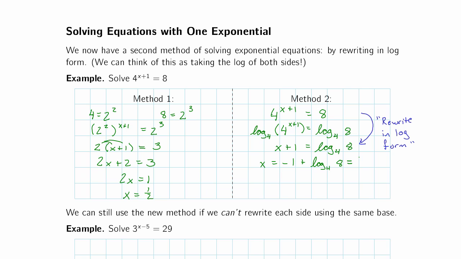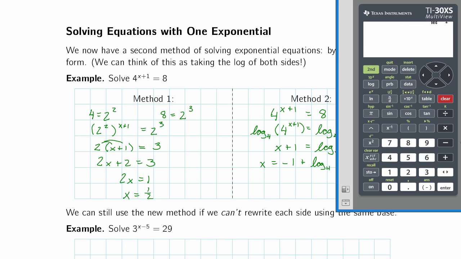which we can put into our calculator as the log of 8 over the log of 4. And when we do that, we'll say -1 plus the log of 8 over the log of 4. And we get 1/2 again.